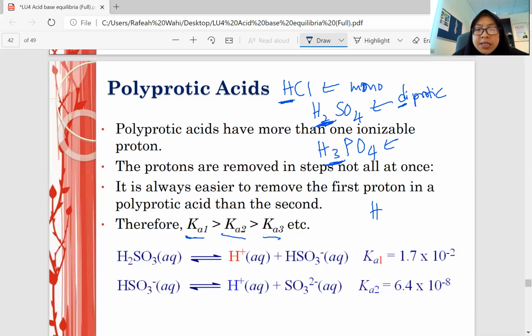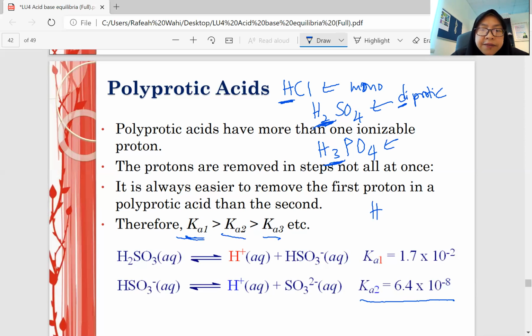Which one is lower? Ka for the first proton or Ka for the second proton? If you look at the values here, Ka for the second proton is lower. So which H will be released first? The H which has the higher Ka.